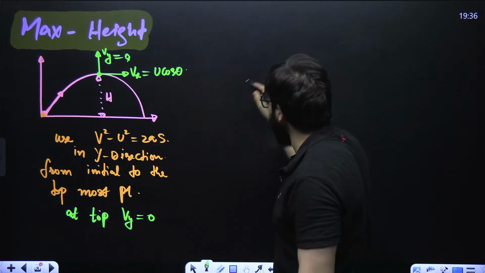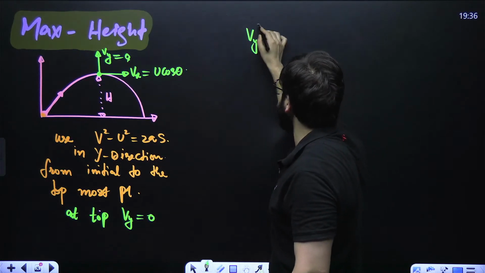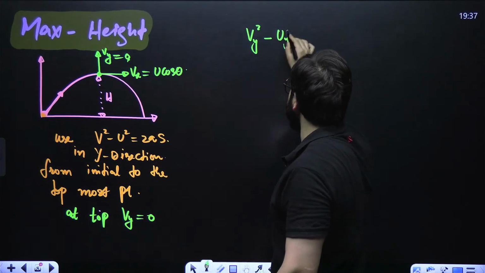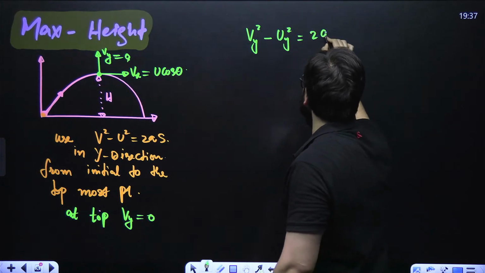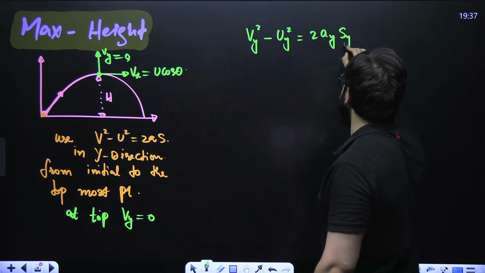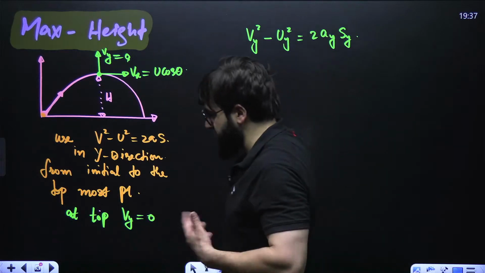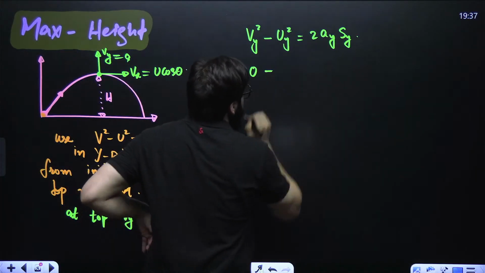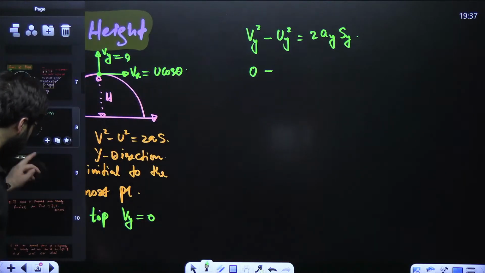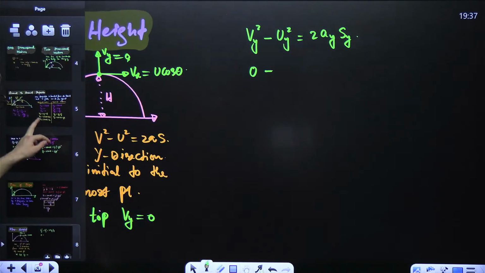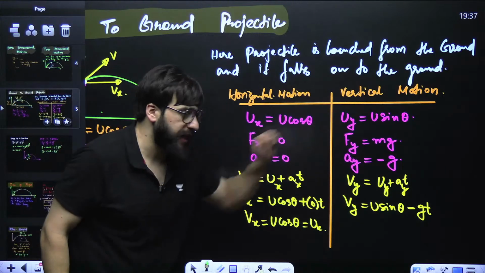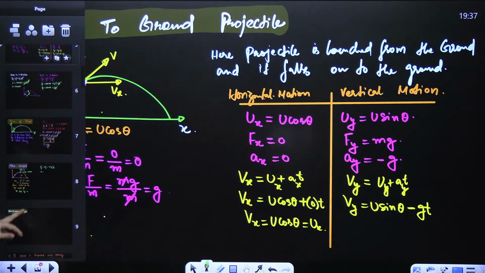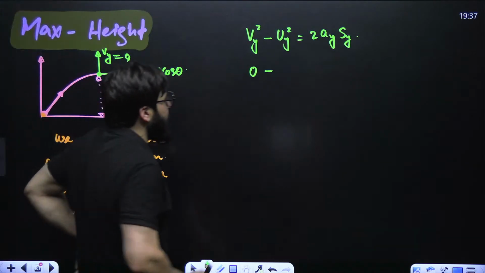Final velocity at topmost point: Vy square minus uy square is equal to ay into sy, the displacement in y direction. So this will become 0 minus the initial velocity in y direction. I have told you the initial velocity in y direction in projectile motion is u sine theta.